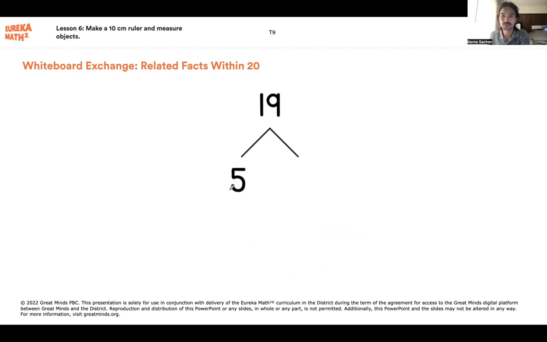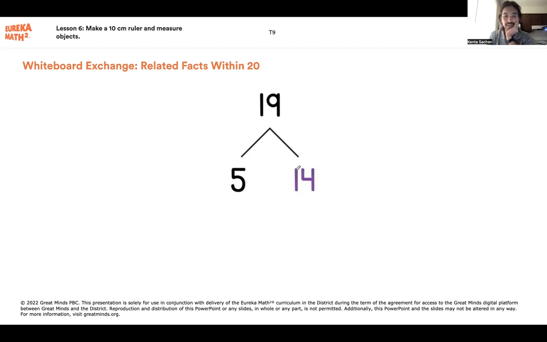19. Ooh. So I know that this 9 is 5 and 4. Now that I have this extra 10 in here, I know it's not just 4, but it's 14. Good work.